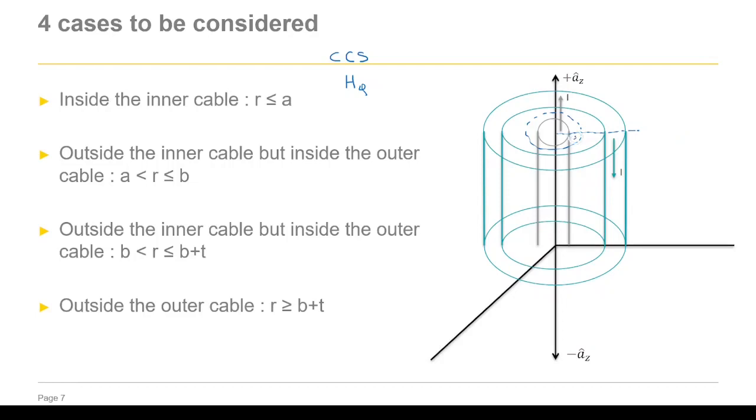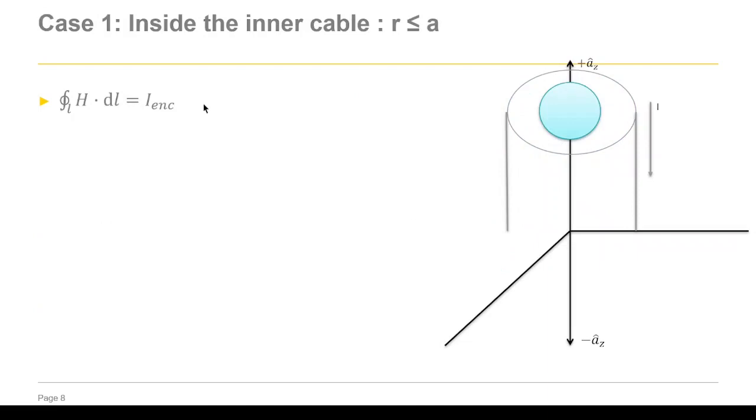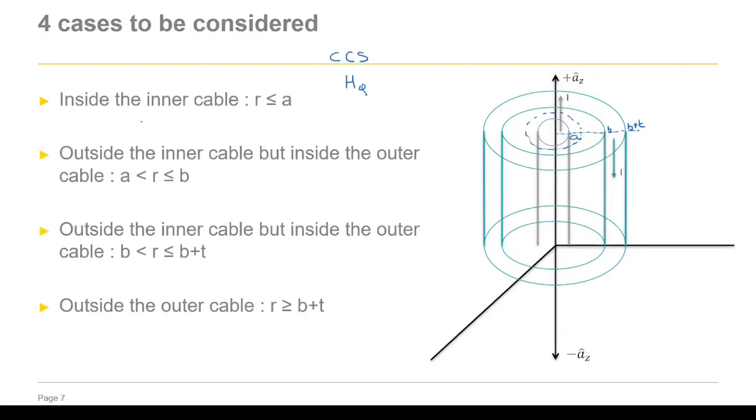Since the inner conductor has a radius of A, and the outer conductor has a radius of B with a thickness of T, the cases are: when r is less than A, inside the inner cable; when r is greater than A, outside the inner cable but inside the outer cable, that is the distance r being between A and B. Now this would be the field intensity in the dielectric.